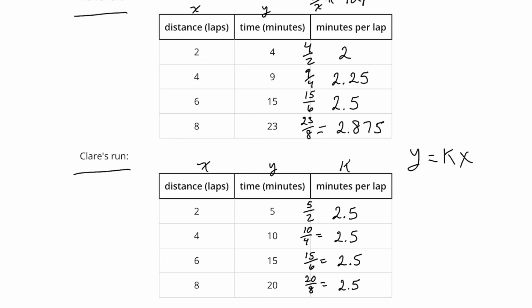For Claire, we could write y, the time, is equal to 2.5 times the x, which is distance. So instead of using x and y here, I'm going to use t equals 2.5 d. So the distance times 2.5 is equal to the time.